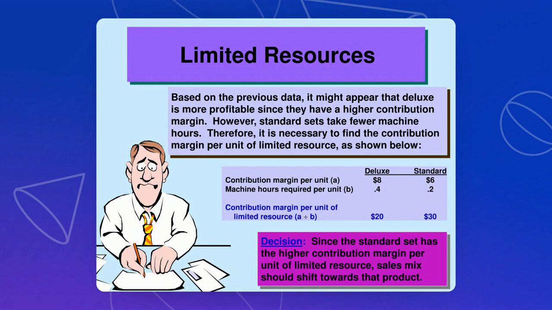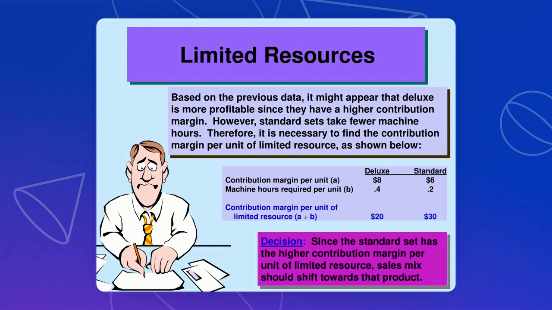Alright. So, class, what did we say earlier? Just divide 8 by 0.4 and you have $20. And for standard, just divide the 6 by 0.2 and you have $30. What was the most important decision rule earlier? We will choose the highest contribution margin per limited resource.